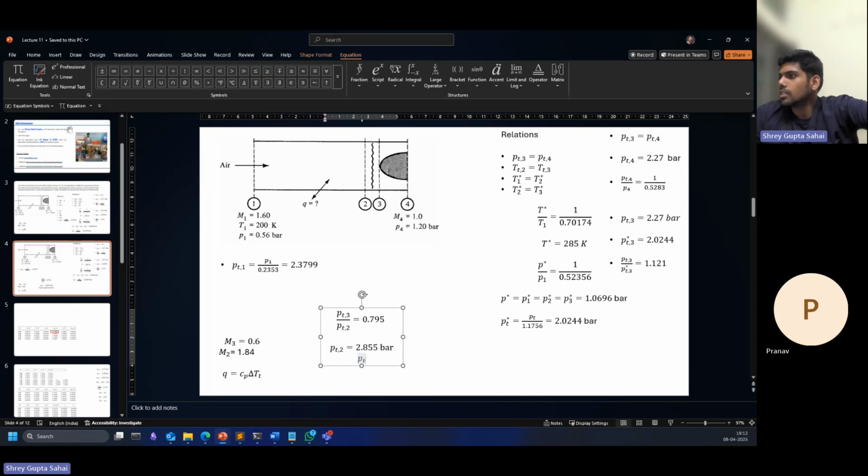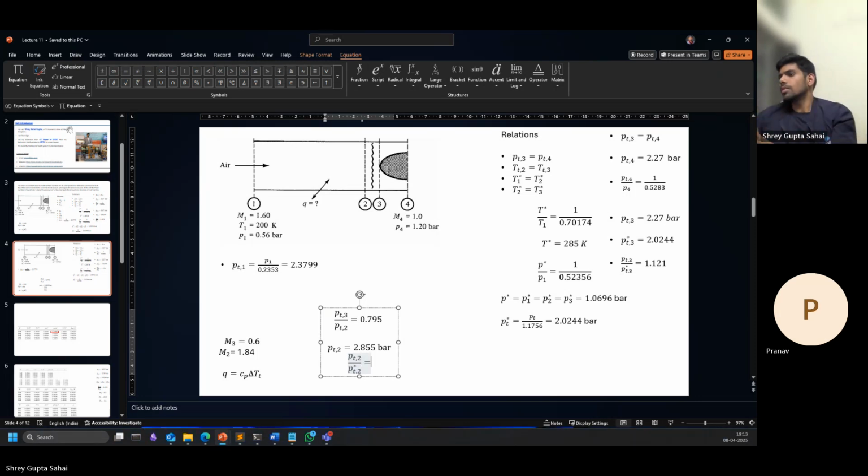Let's sanity check: 0.855 divided by 2.0244 is 1.41.